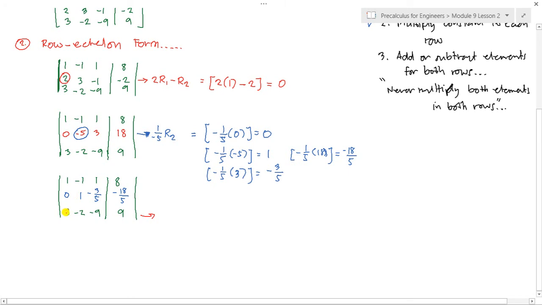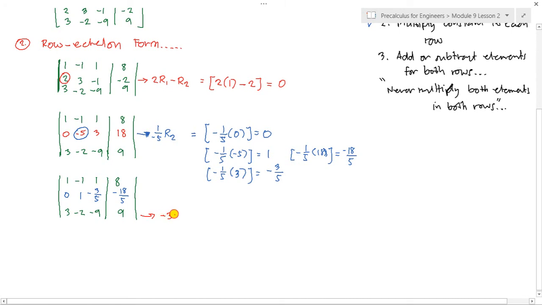To make it 0, I will multiply the first row by negative 3.